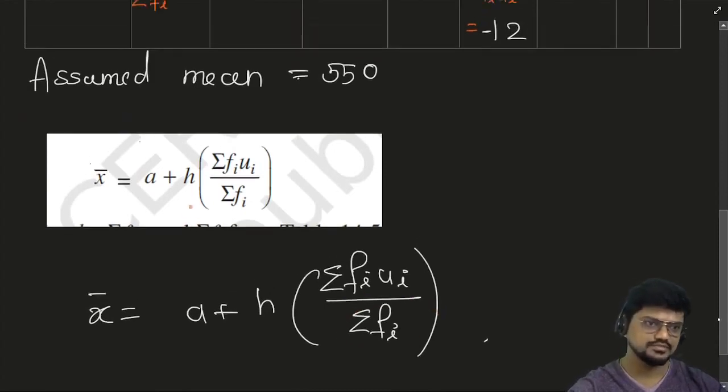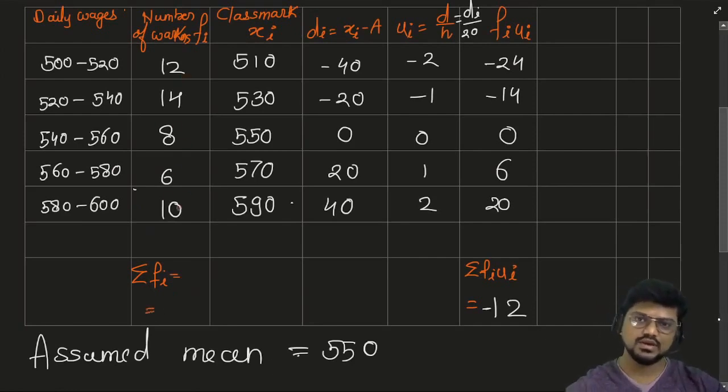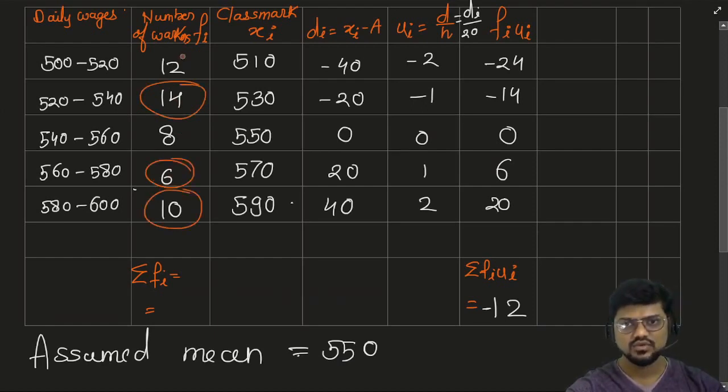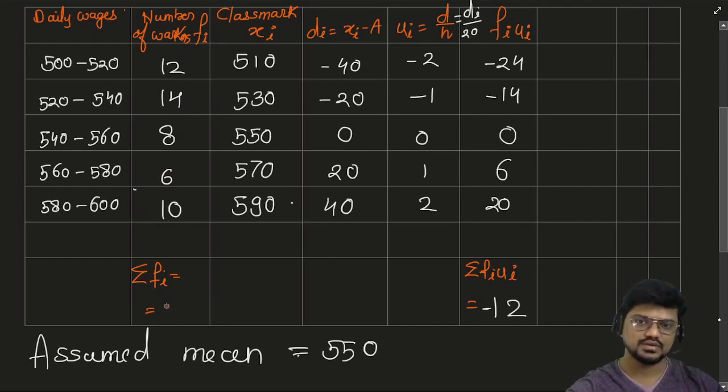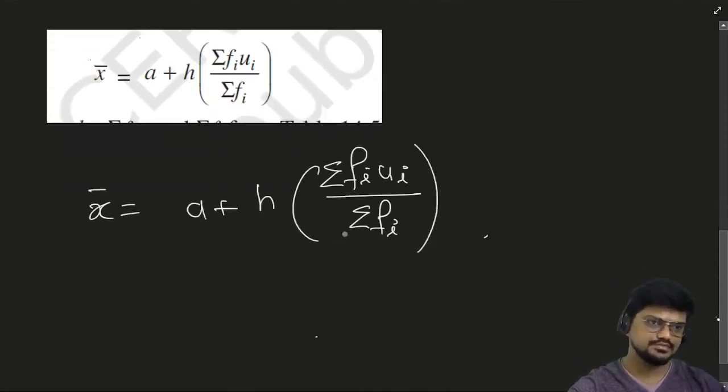Summation of fi will be 20, 30, 40, 50. The answer is 50. Summation of fi is 50.